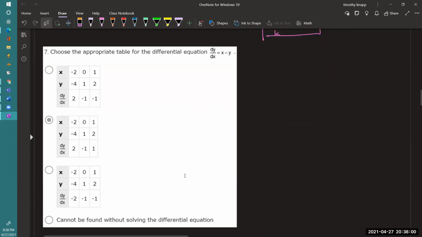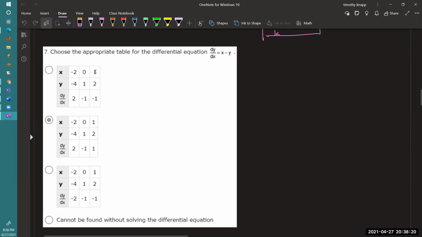7. Choose the appropriate table for the differential equation. So for these differential equations, basically dy/dx is going to be this guy. Now I'm going to choose a couple of x and y values that are found on the table.